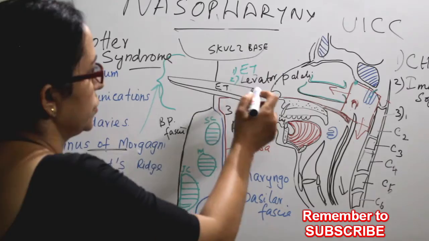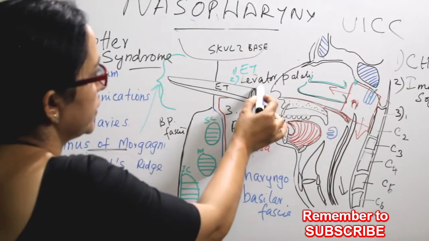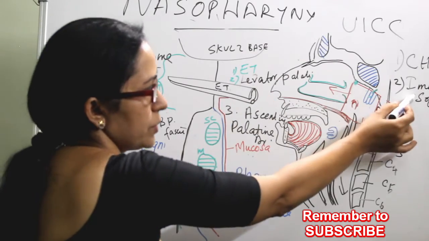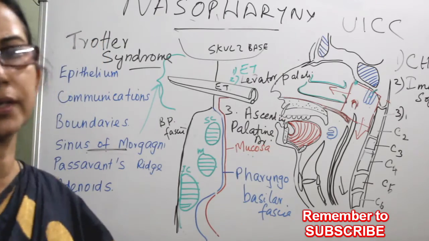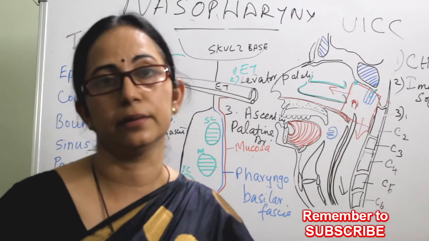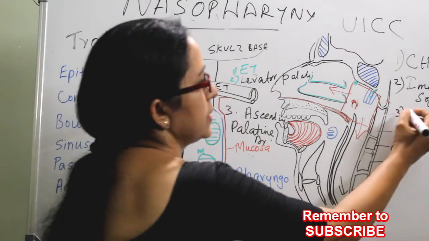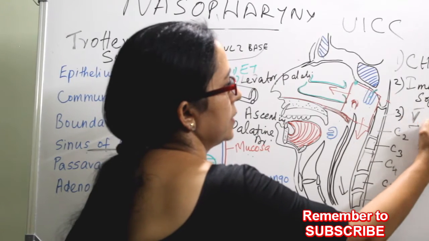If it involves the Eustachian tube, it can cause conductive hearing loss. If it involves the levator palati, it can cause immobility of the soft palate. Ascending palatine artery involvement does not cause much symptom. But if there is perineural spread, it will cause trigeminal neuralgia, the fifth nerve.